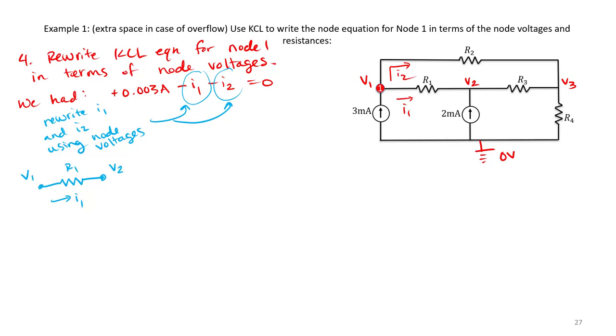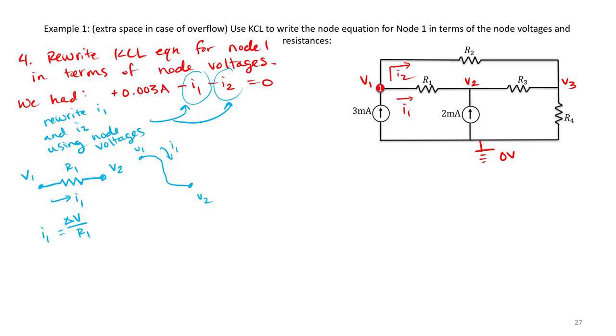We know I1 is flowing from V1 to V2. And so by Ohm's law, we can write that I1 must be equal to whatever the voltage drop across R1 is, divided by R1.